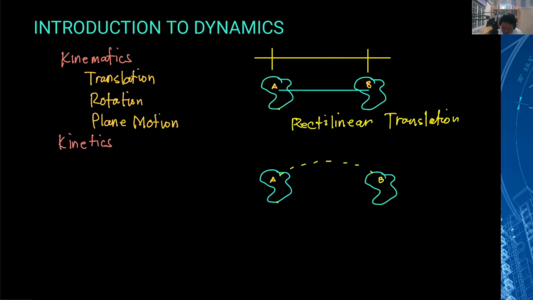If this body moves along a curved path, this is called curvilinear translation. One particular example of this is projectile motion. We will discuss an example later on.